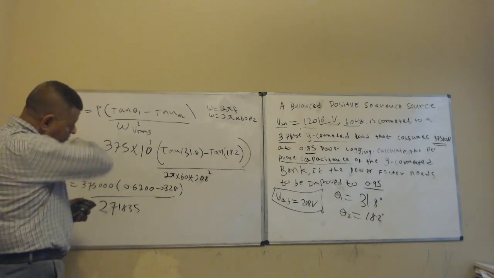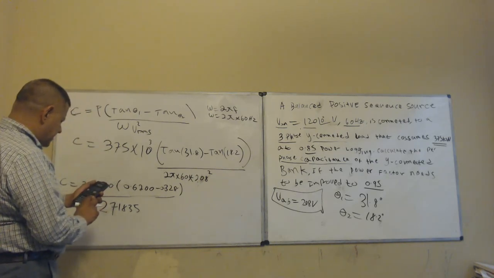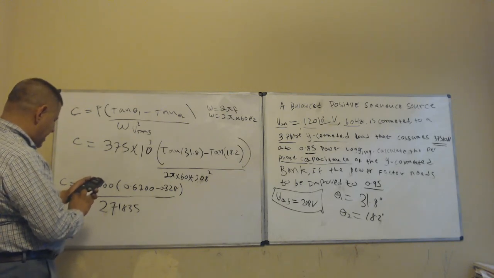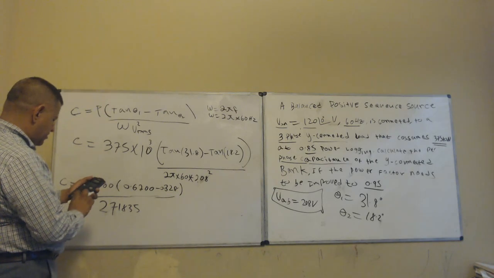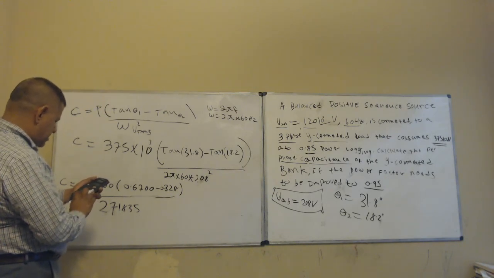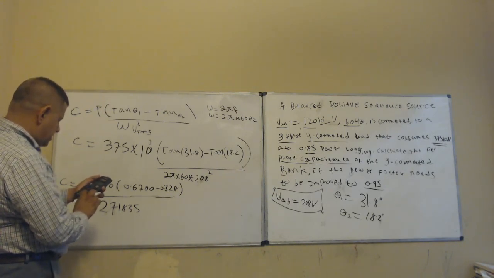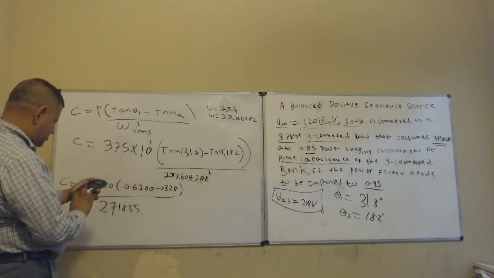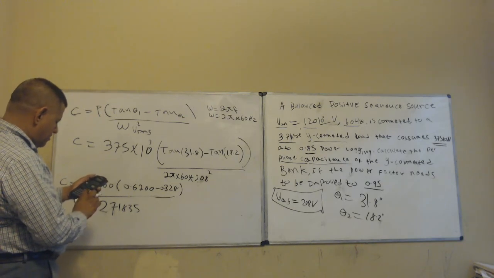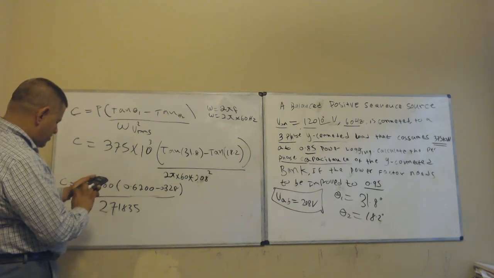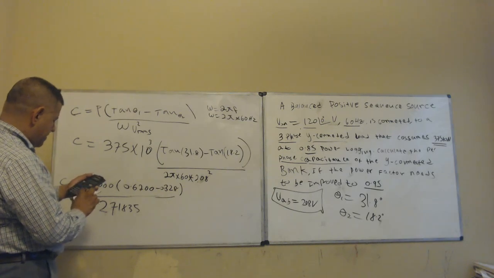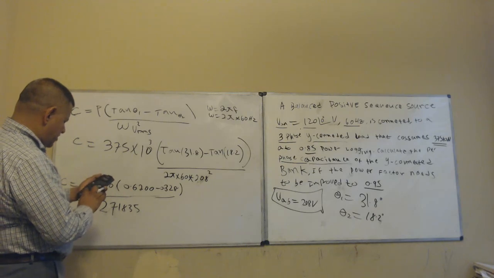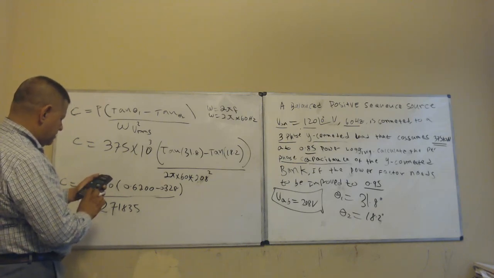Now, when you take 375,000 times 60 times 0.6200 minus 0.328, right?